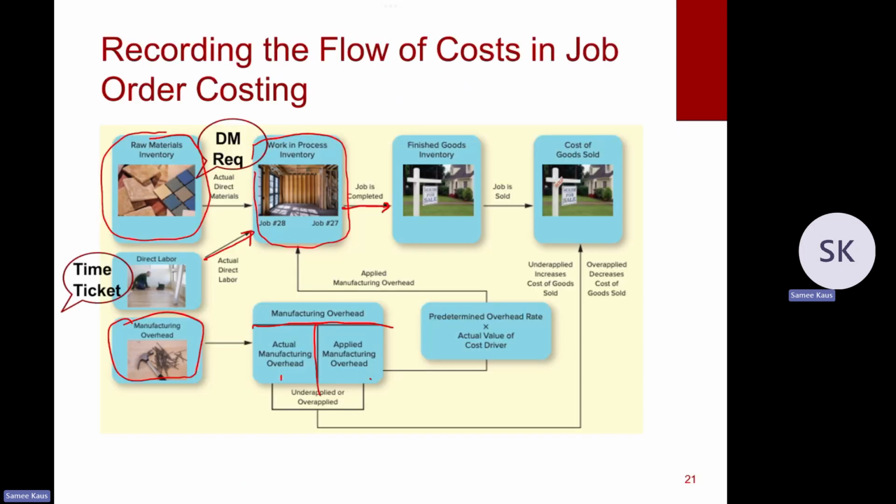This applied is what shows up over here on my work in process inventory, okay? So once I hit my DM or my raw materials, my direct labor, and my manufacturing overhead in my work in process, once that's all 100% complete and that house is finished, it sits in my finished goods inventory. Then once that house is sold, okay, that's when I recognize my cost of goods sold here.